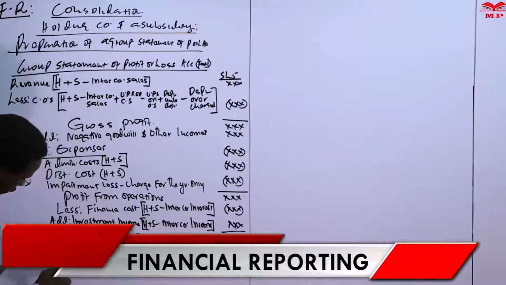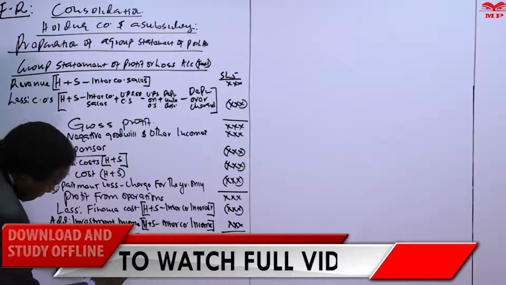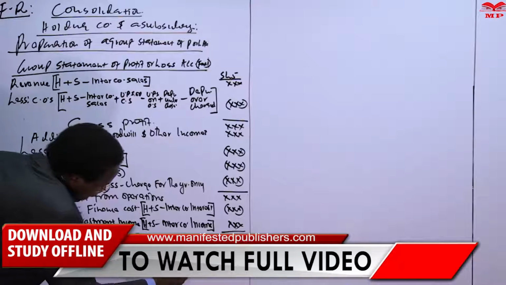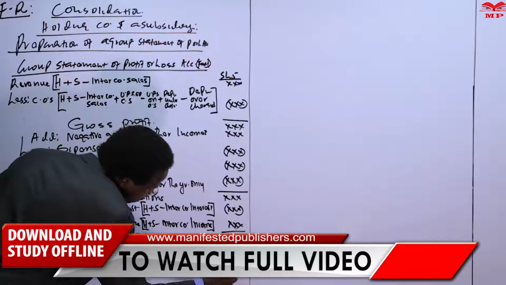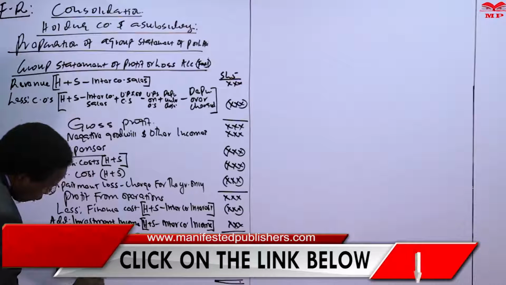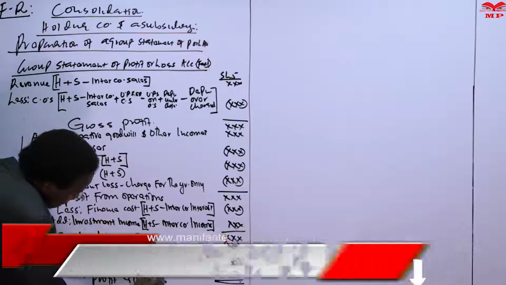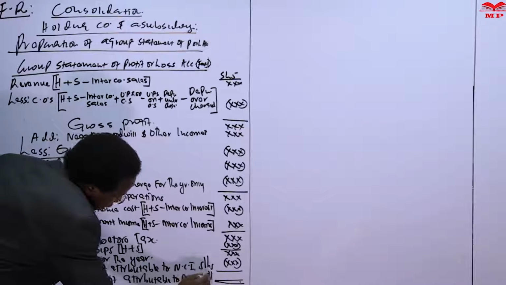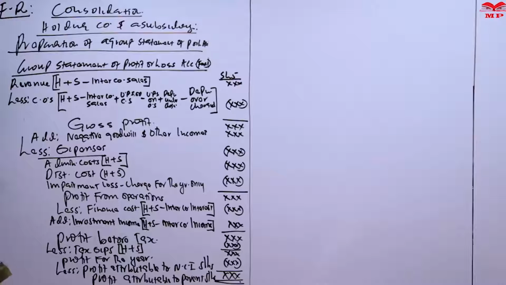Then you less profit attributable to NCI shareholders. And then you have the profit attributable to parent shareholders, or to the holding company shareholders. That's what you should remember.